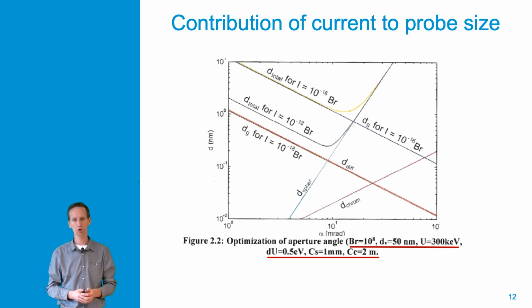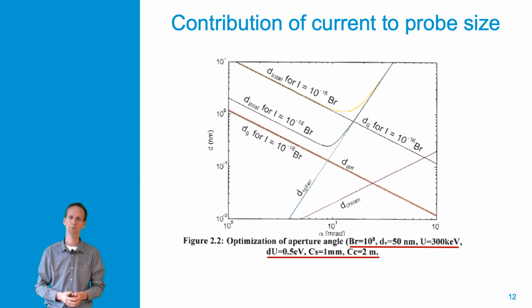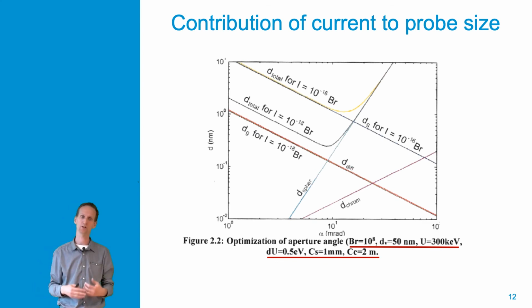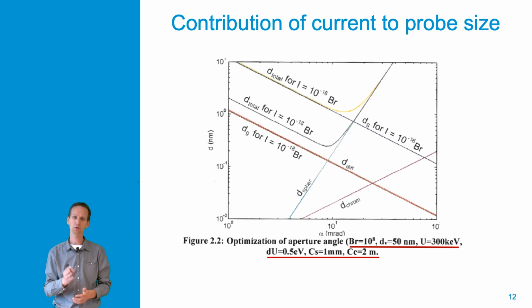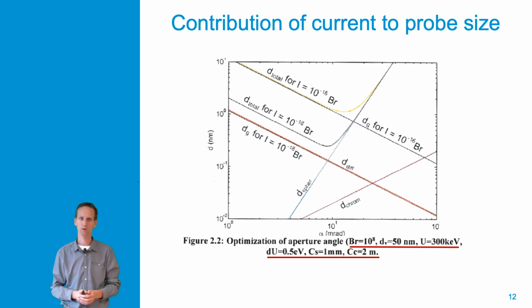So on the horizontal axis you see the opening angle. Note that the opening angle is in milliradians. We know that milliradians is the typical magnitude of the opening angle in an electron microscope. And on the vertical axis you see the final probe size contribution in nanometers. Now you see different lines drawn here.